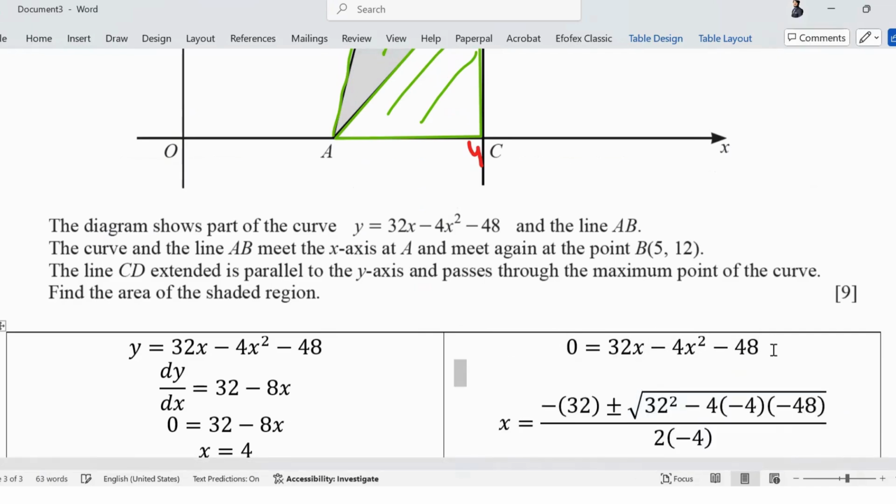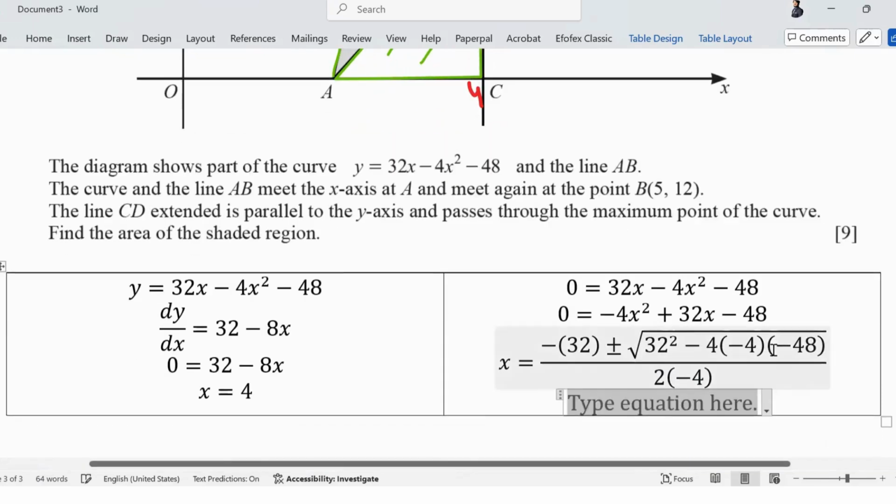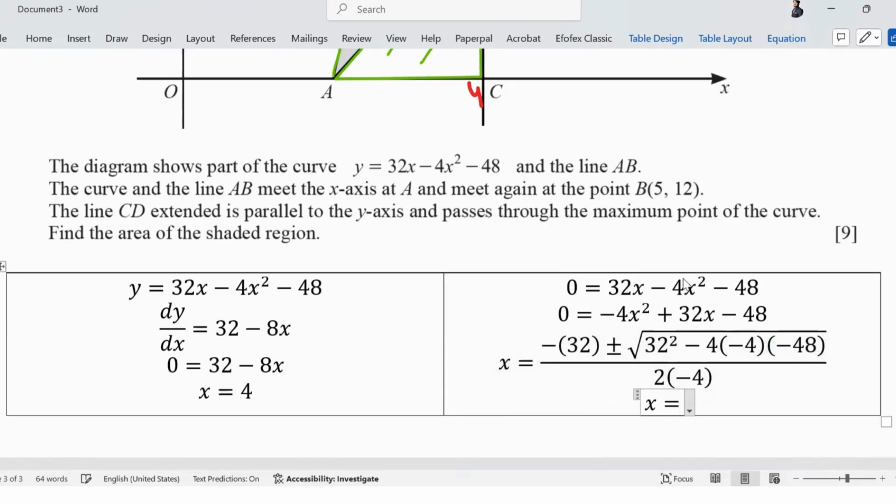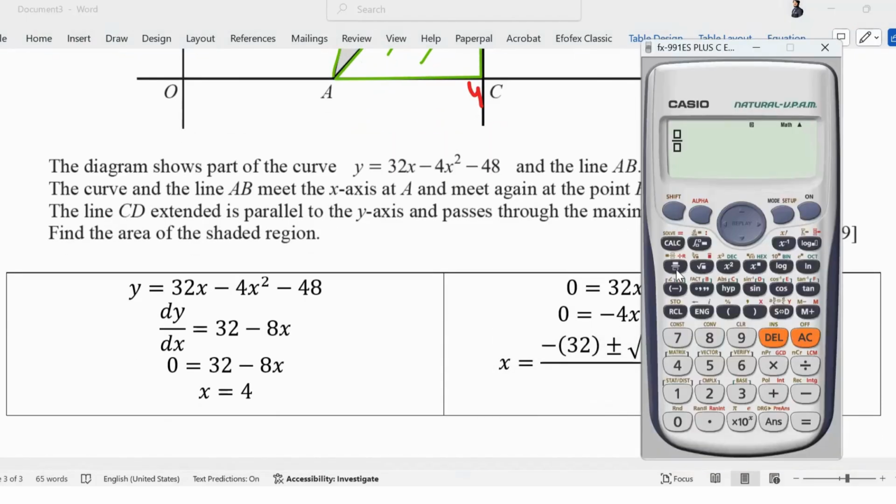So you must rearrange if it is confusing for you: -4x² + 32x - 48. So what are the values of x that you end up with? x = (-32 ± √(32² - 4(-4)(-48))) / (2 × -4).